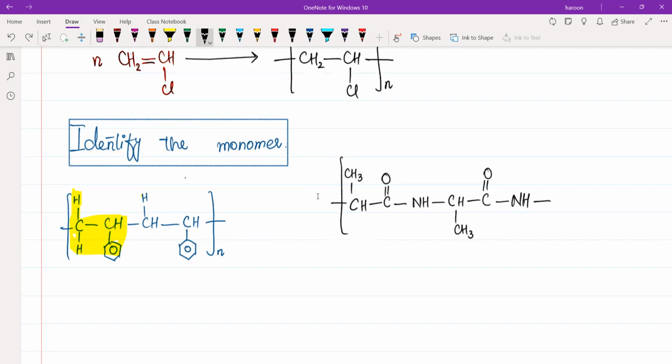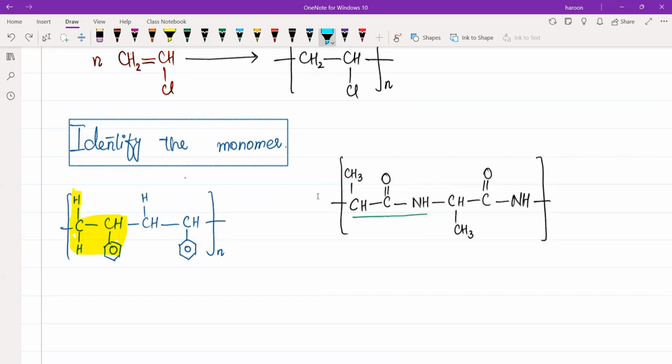So, first of all, identify the monomer. It would be the first two carbons and the NH. First two carbons? No, these, and the NH. This one. So you want to say this is the monomer? Oh, is the whole thing the monomer?